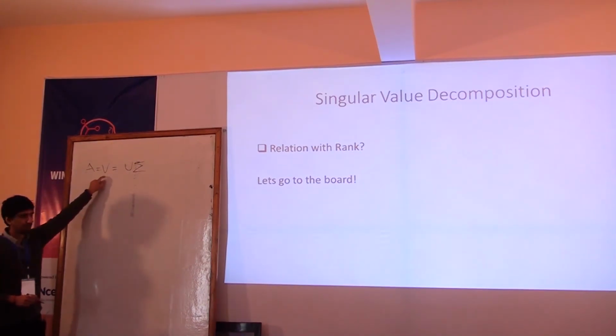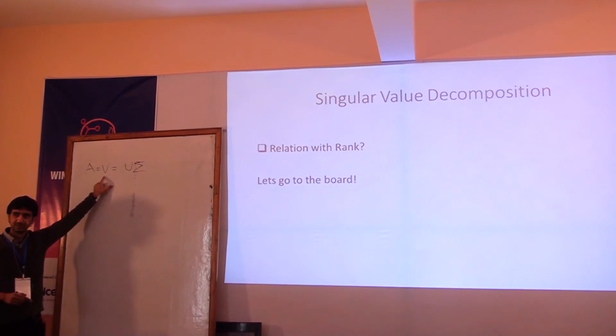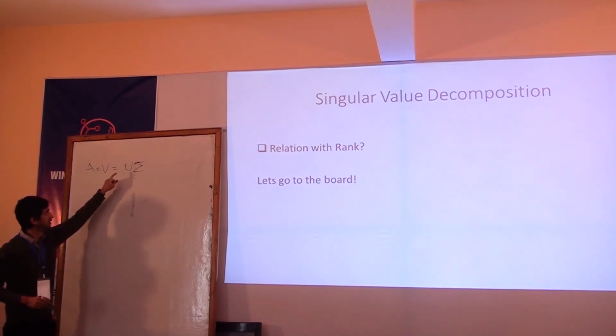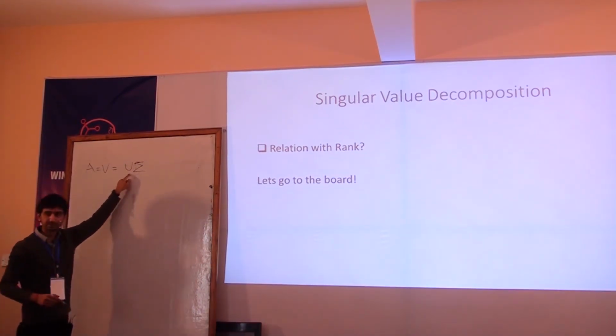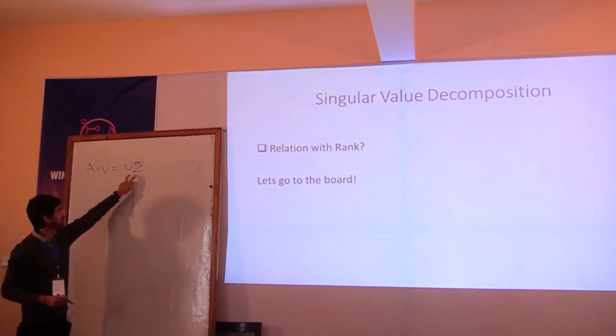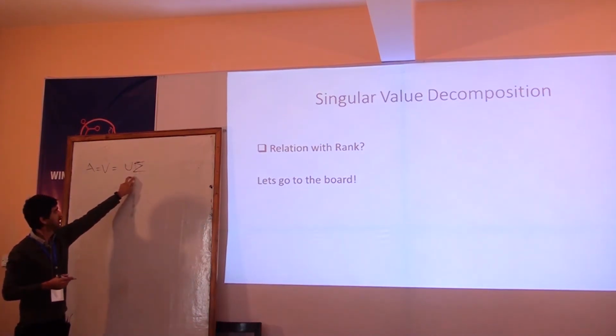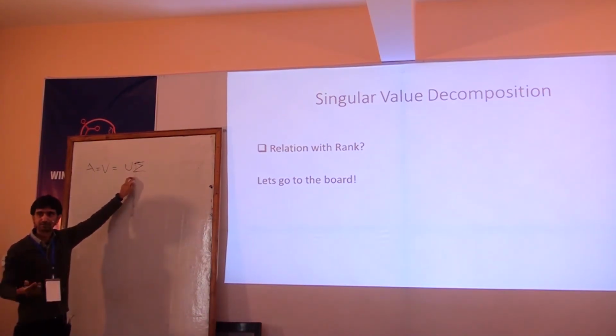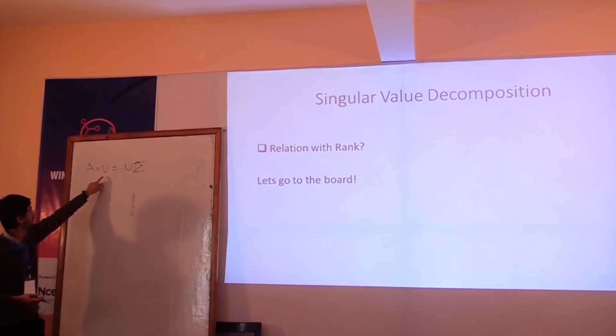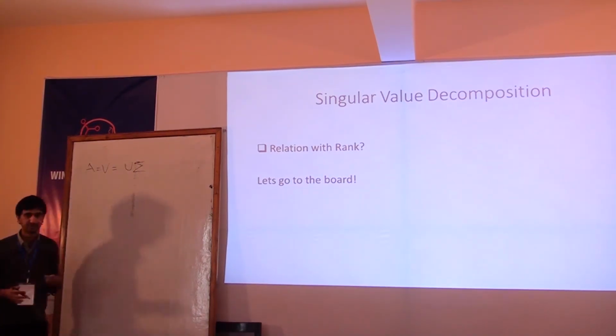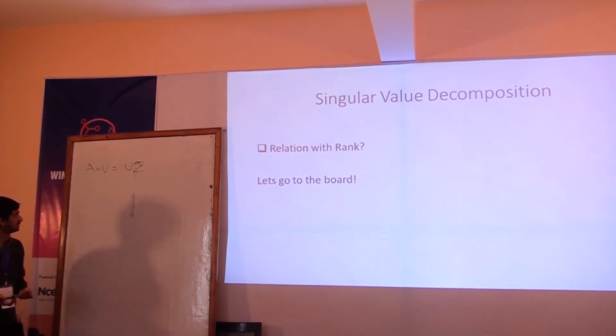It gives a set of orthogonal vectors, V, in a matrix, and the other set of orthogonal vectors, U sigma. U is the set of unit orthogonal vectors, and sigma is the scaling of these vectors. So it gives you a scaled set of orthogonal vectors, and V is a set of unit orthogonal vectors.